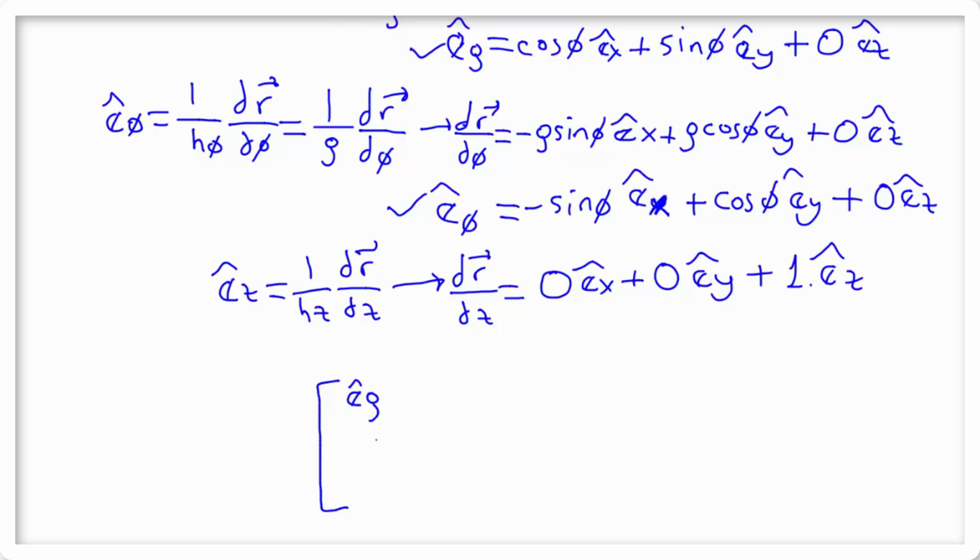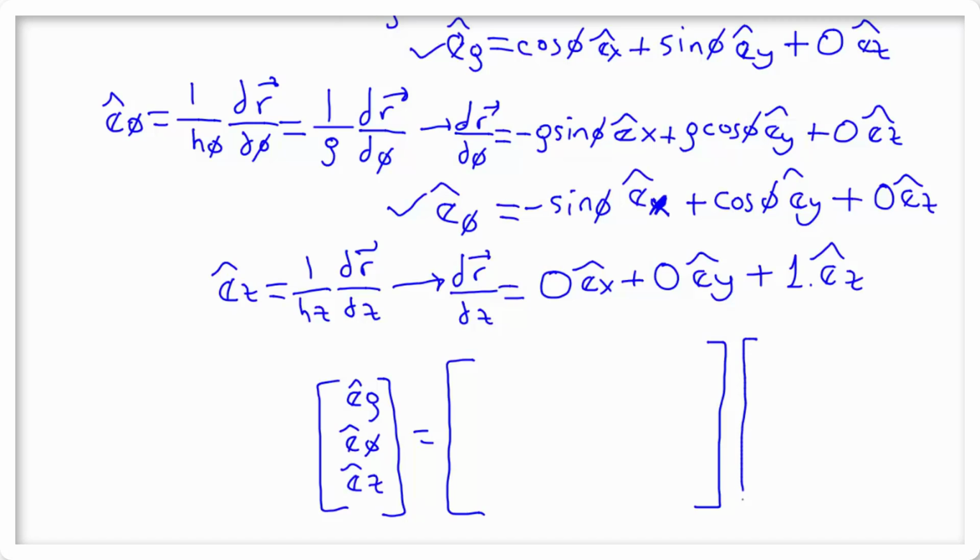I'm looking here for E rho, E phi, Ez equals, again, the equations in terms of which this matrix will be filled, in terms of Ex, Ey, and Ez.